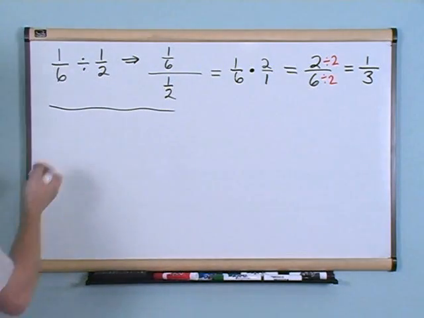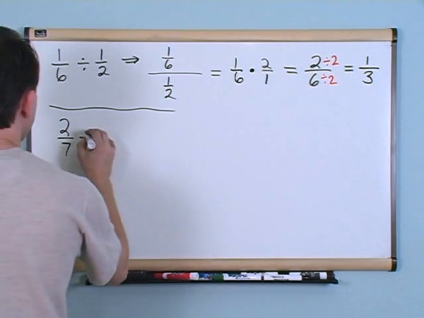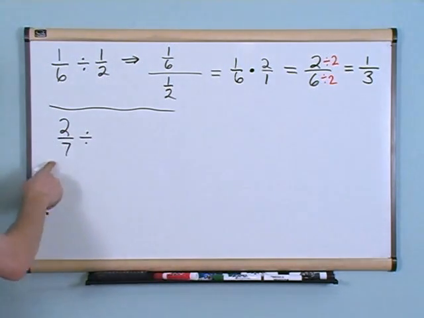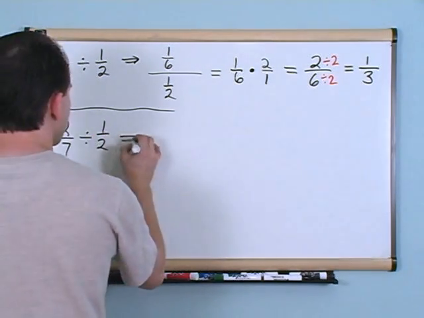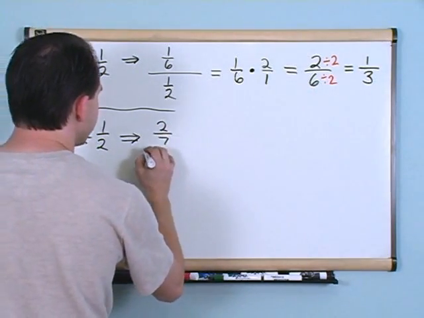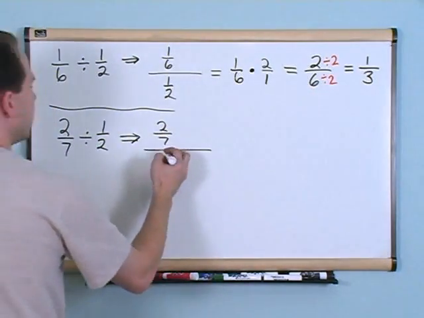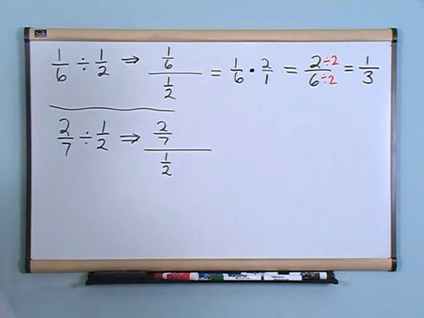And I'm trying to build up to it here and kind of teach you the things that you're going to need to know. But what if you had something like 2/7, again, divided by 1/2? Well, it helps me when I'm writing it down to go ahead and write it as 2/7 all divided by 1/2, which is just a number divided by another number, okay?